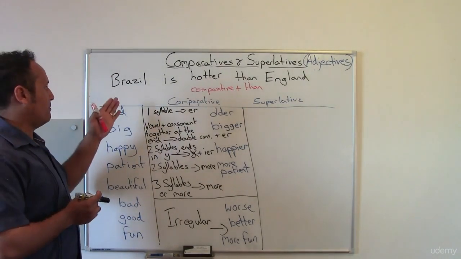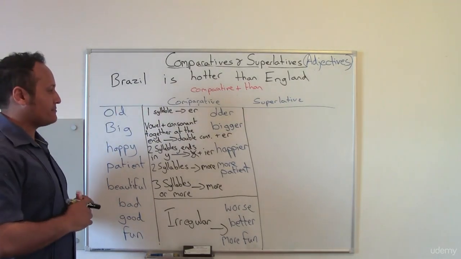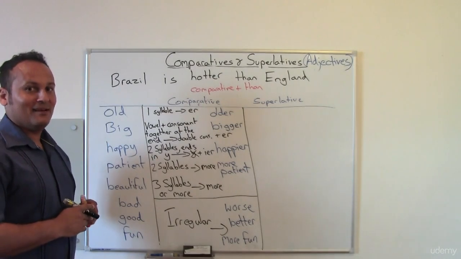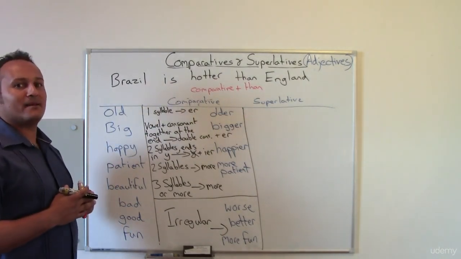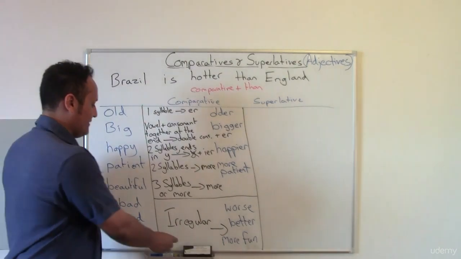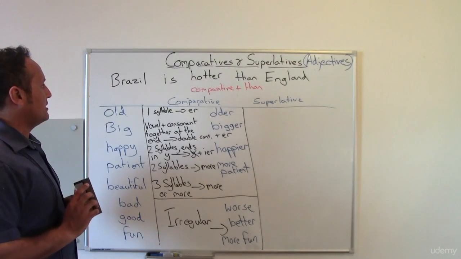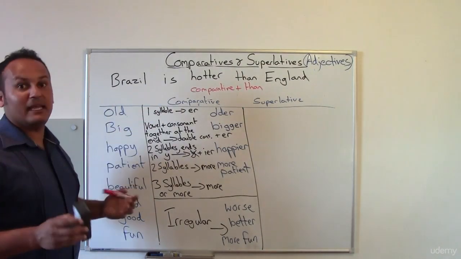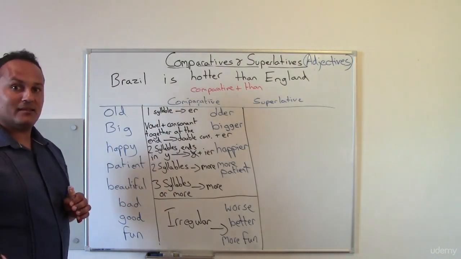We have the comparative between Brazil and England. However, there is another way we can do it. What about if we want to use a negative? Okay? If we want to use a negative, then let's try this. England, let's say, is older than Brazil. This is true. Brazil is a newer country than England.